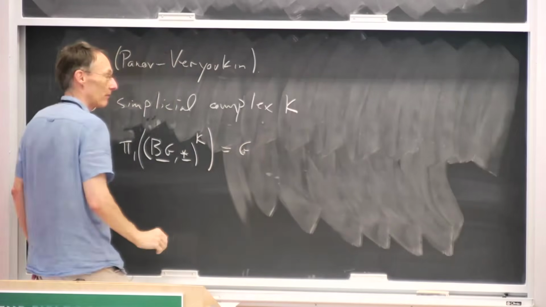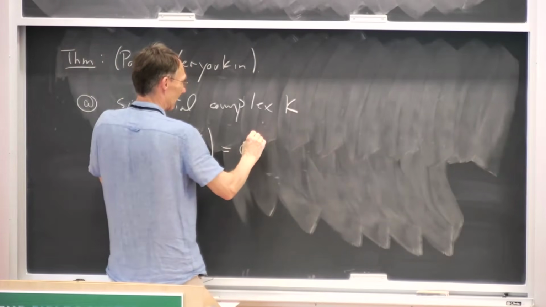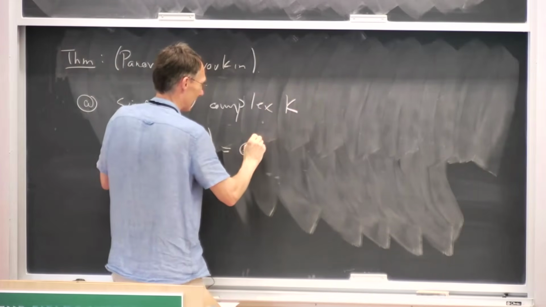You get the graph product of the one skeleton of K. One skeleton.